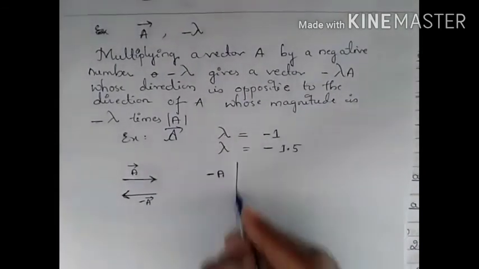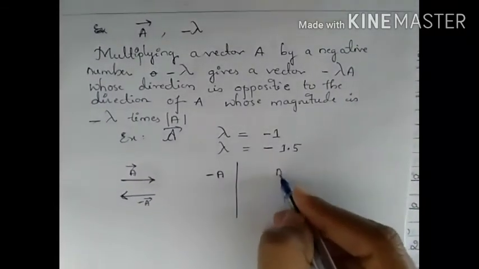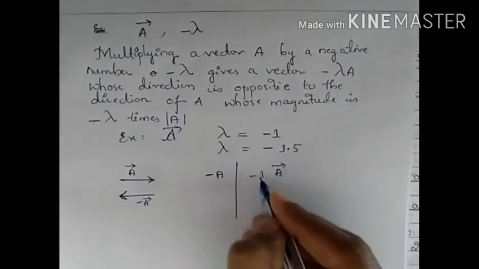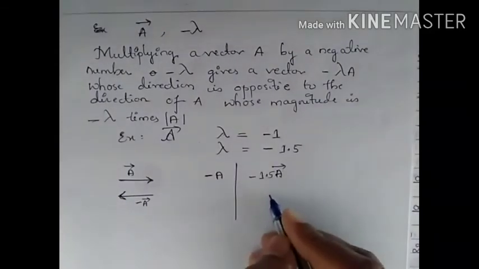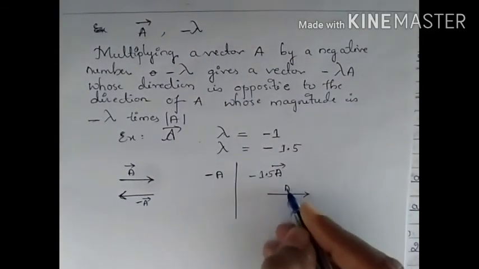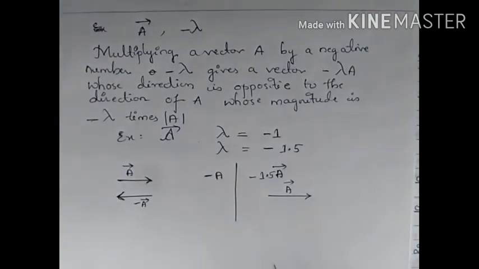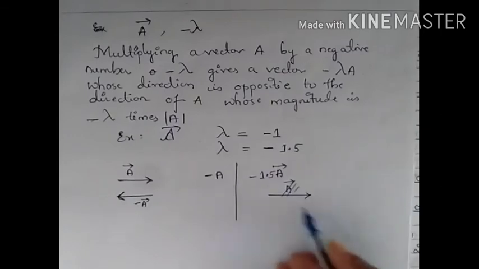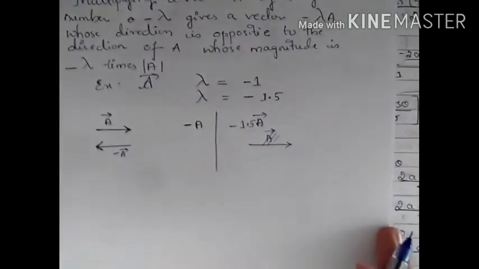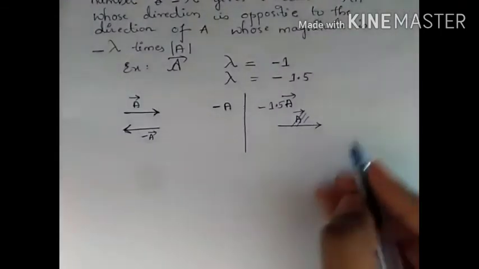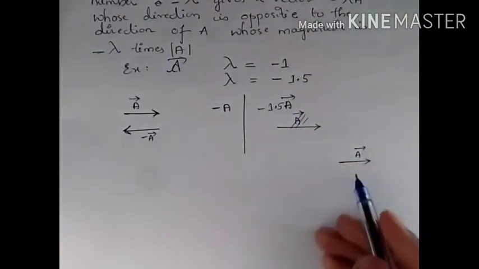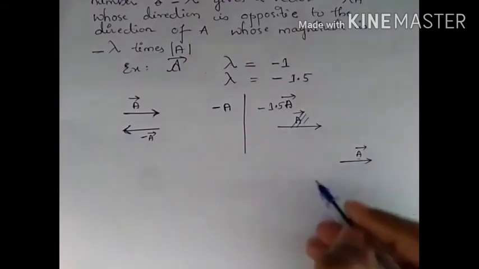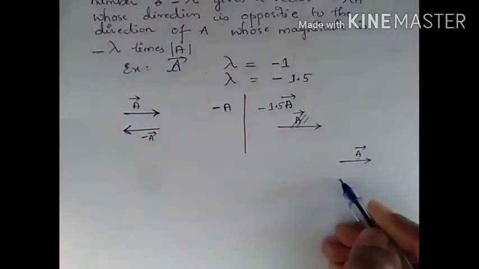Now for the second case, you have vector A, and you are multiplying this with minus 1.5. So what will happen? I cannot draw this exactly, but you have a vector A here, and you are multiplying this vector with the value 1.5.